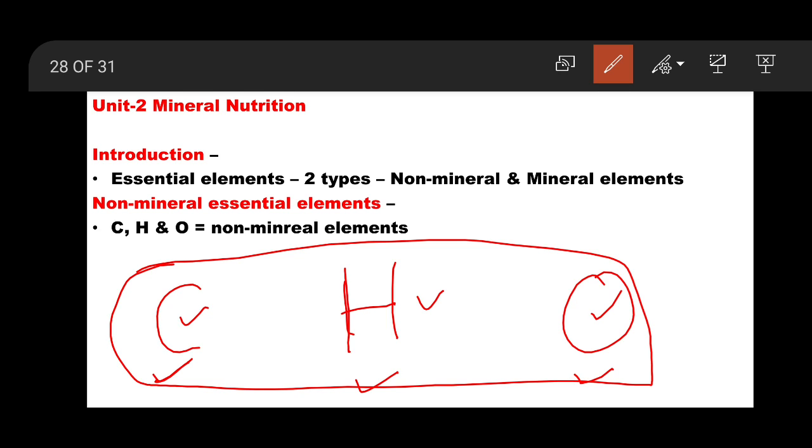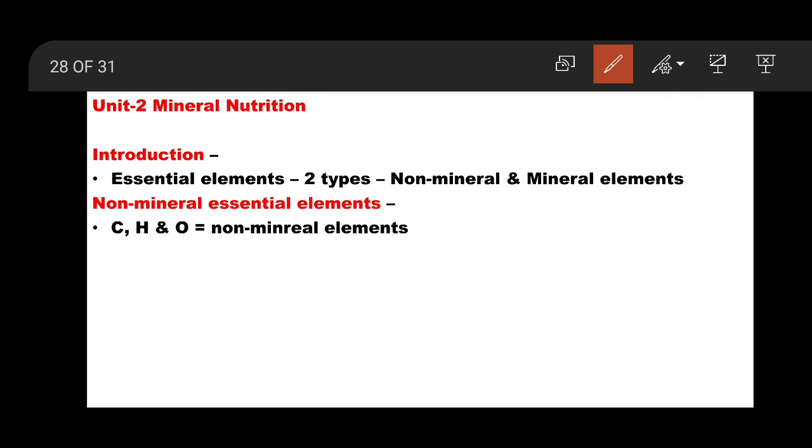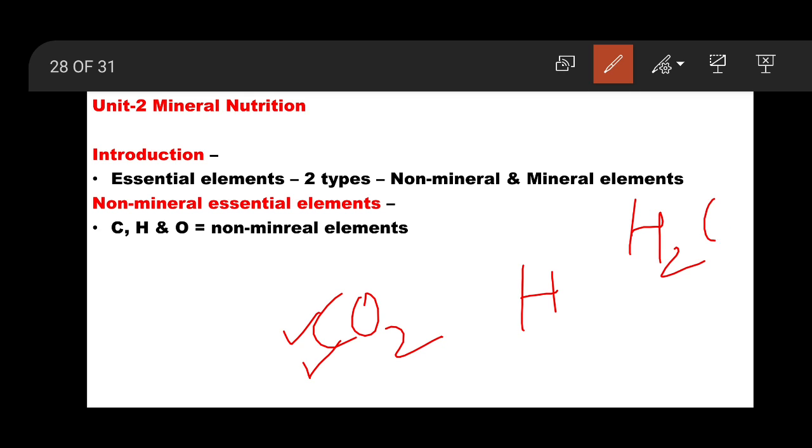These three are non-mineral elements. From where do we get carbon, hydrogen, oxygen? We get carbon from CO2, hydrogen from water, and oxygen also from water.